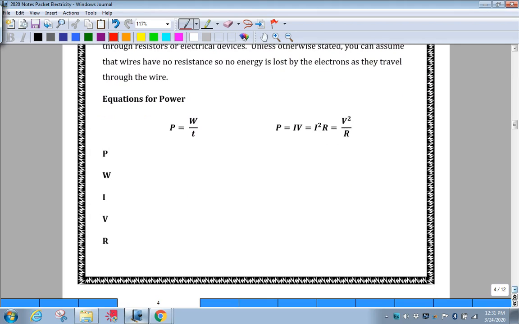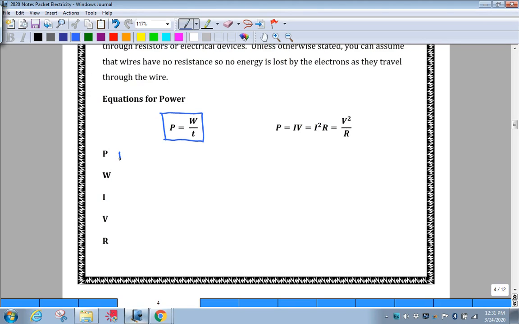This could be something like a light bulb or a resistor, or if you're powering a radio or some other device. And we can easily find the power by looking at work over time. We've encountered work before, but it was mechanical work. This is the same equation that we used back then when we did work, power, and energy.